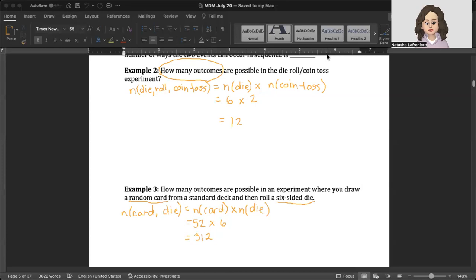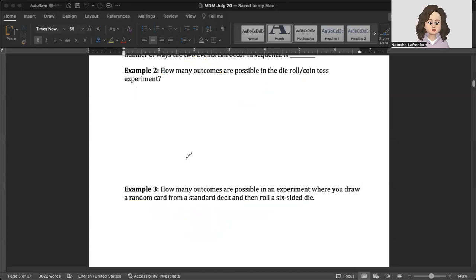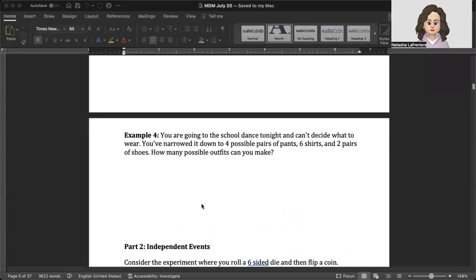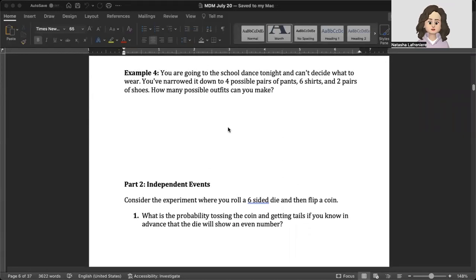So I'm clearing this. We'll do a few more examples, I believe. Okay, so keep in mind that this is for ordered pairs. And so you're going to the school dance tonight and can't decide what to wear. You've narrowed it down to 4 pairs of pants, 6 shirts, and 2 pairs of shoes. So instead of doing that whole tree table shenanigans that would take a long time, you're going to do n of outfits.